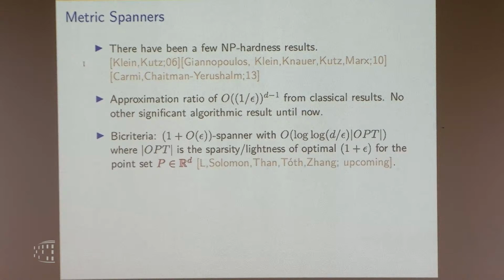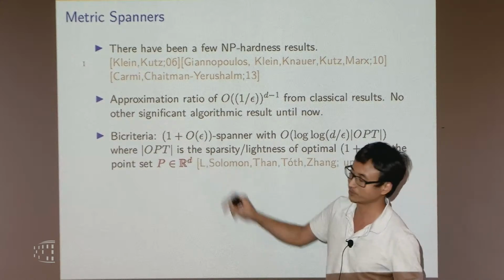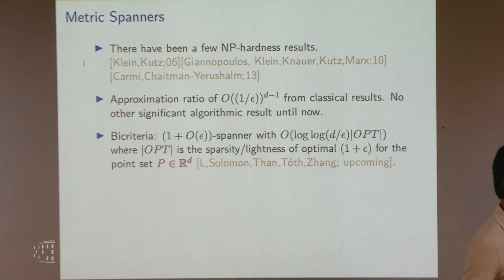So recently we designed a bicriteria result, where we get 1 plus order of epsilon stretch, meaning some absolute constant times epsilon, where our spanner is guaranteed to be within log of d over epsilon of the optimal, where optimal is either the number of edges or the total weight. So this is bicriteria, and the dimension dependence is a log.